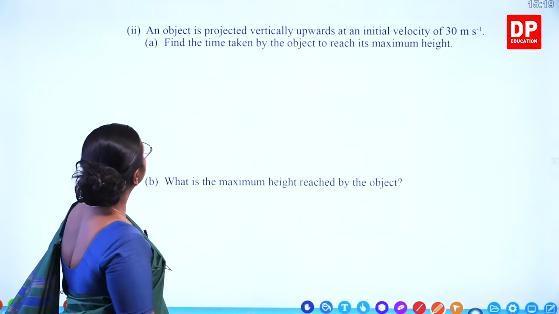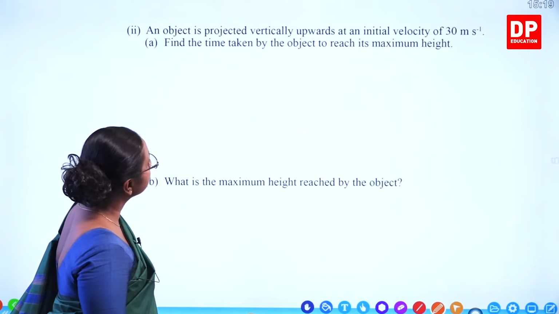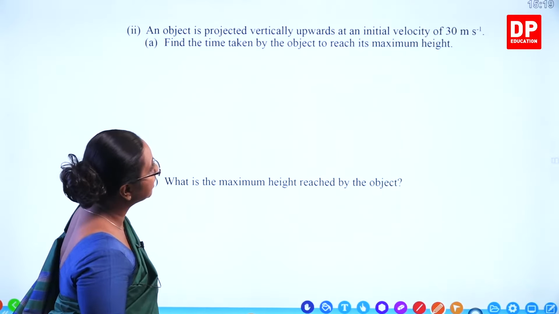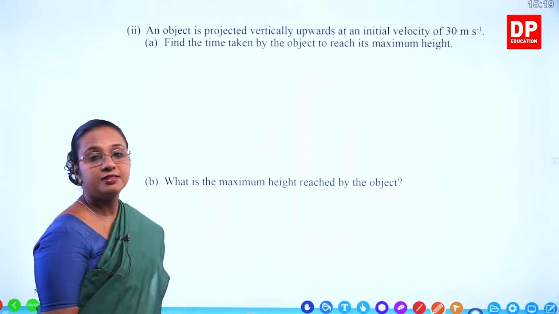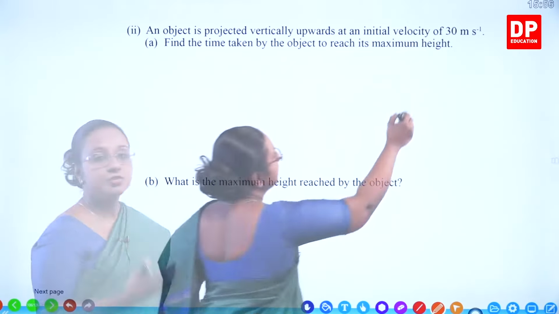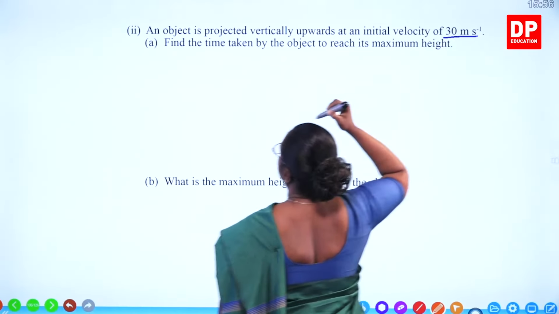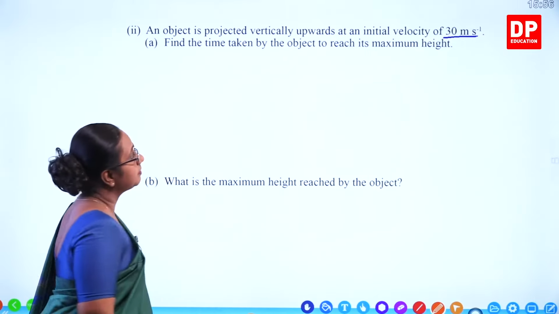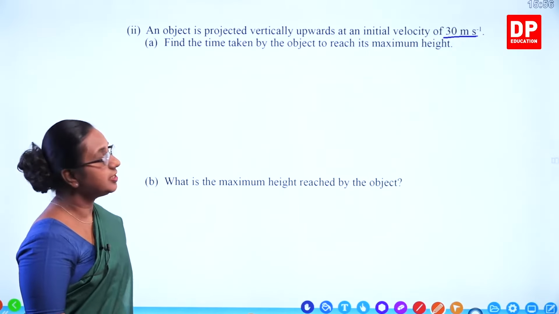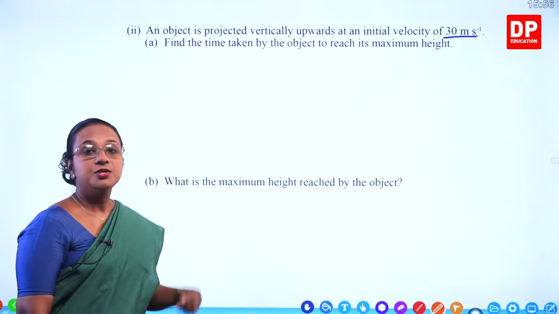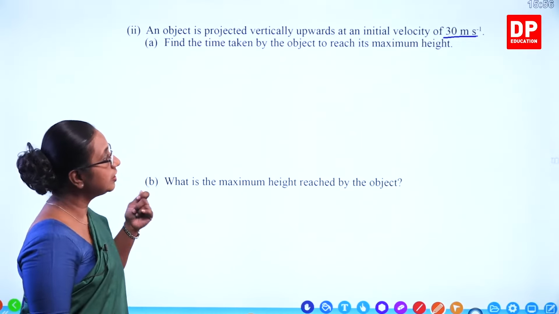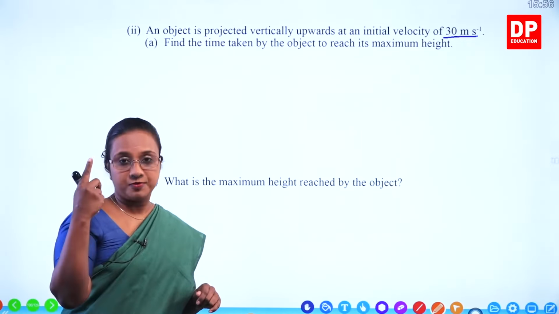The next question, an object is projected vertically upwards at an initial velocity of 30 meters per second. Find the time taken by the object to reach its maximum height. So, here what we do is we throw an object upwards.